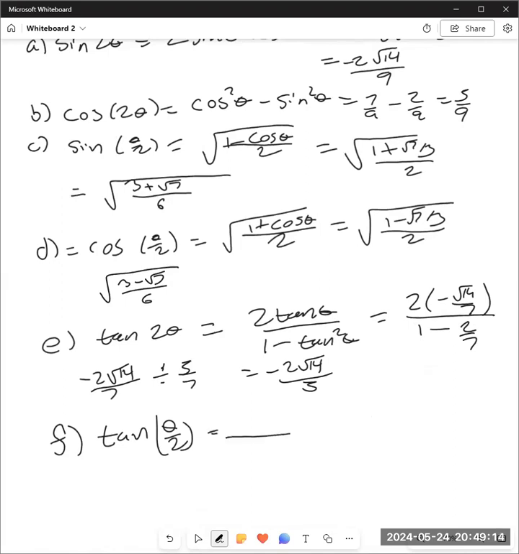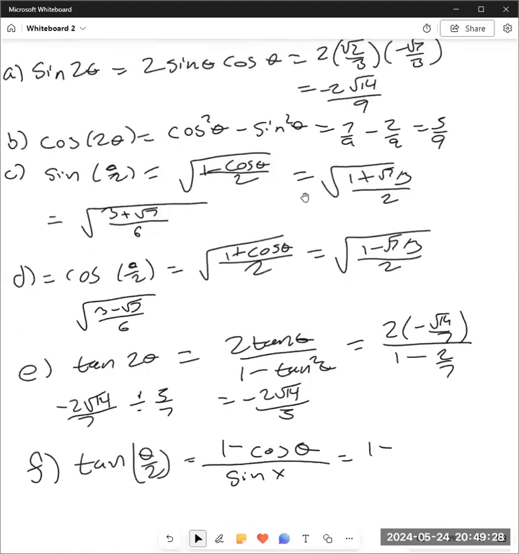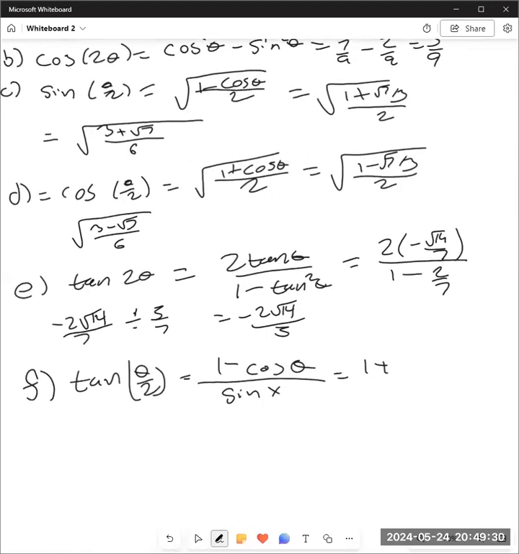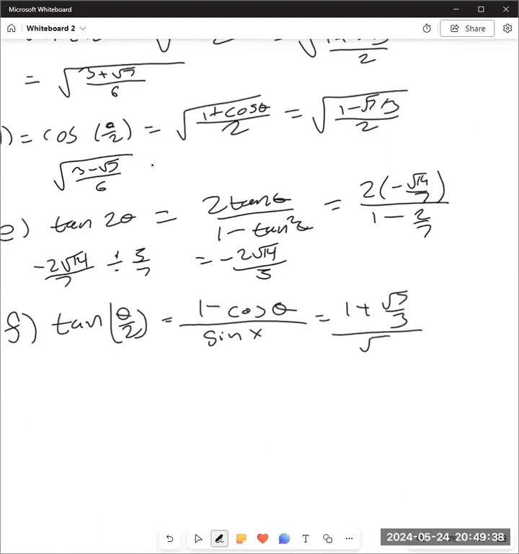Let's stick with this one that has a single fraction down here. 1 minus cosine is, so that's going to be plus root 7 over 3, and sine is going to be root 2 over 3.